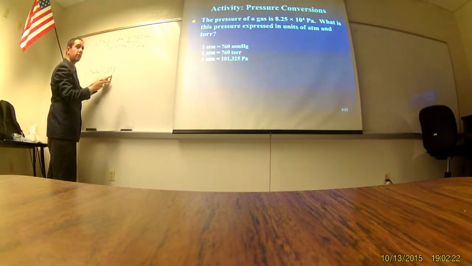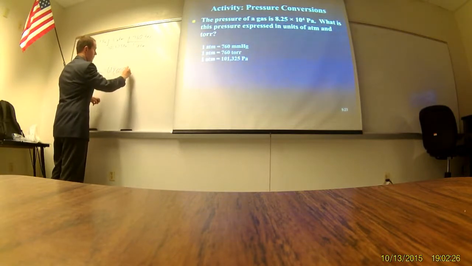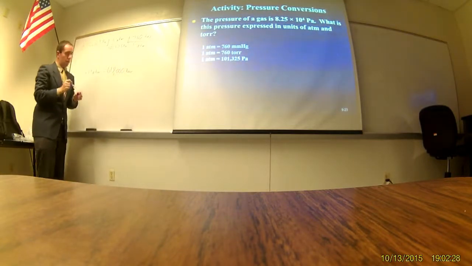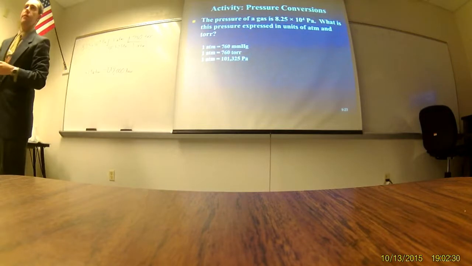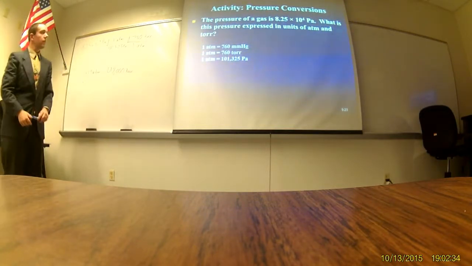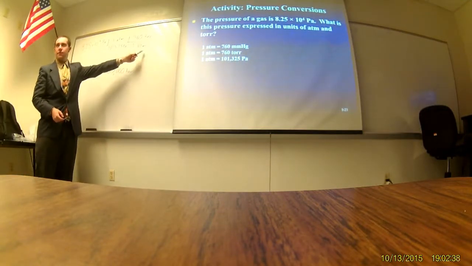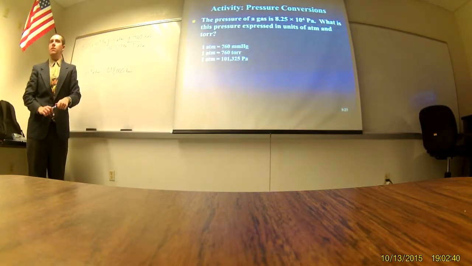How many zeros? 3 zeros. So we converted pascals into atmospheres, and then atmospheres into torr. You may see atmospheres written with capital letters. Don't let that throw you off. It's the same exact thing. Different people write it different ways.